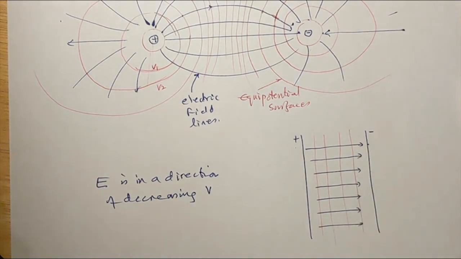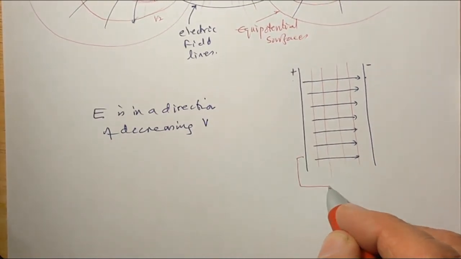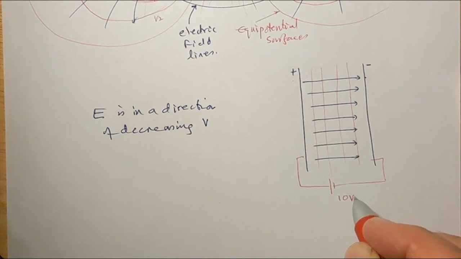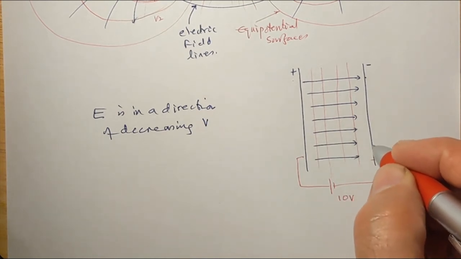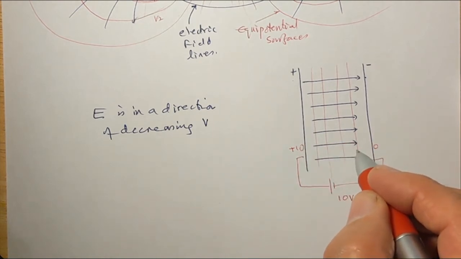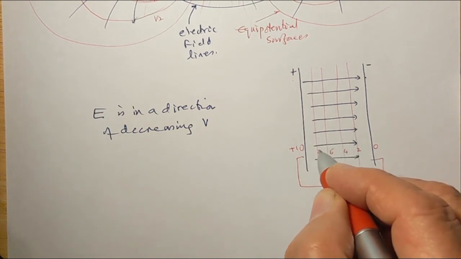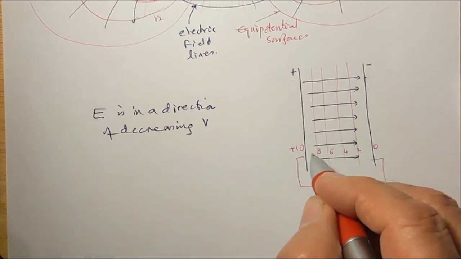And let's suppose we had 10 volts over here, and we assume that this is 0, then this is plus 10, then this could be like 2, 4, 6, 8 and 10 if they were equally spaced.